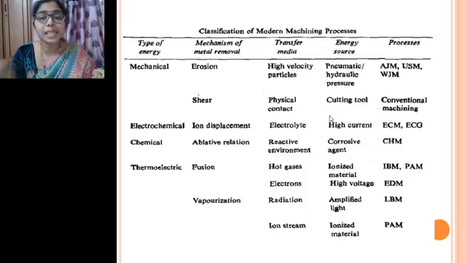They'll be mixed in air or they can be mixed in water. This is only to increase the velocity of the particles. If you use only water, you can pressurize the water and cut the material, but it is applicable only to certain soft materials.